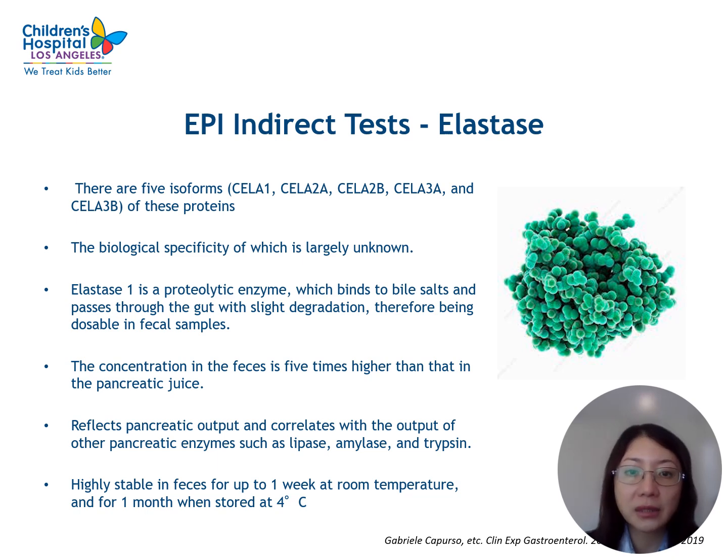And the concentration in the feces is much higher than that in the pancreatic juice, so it's measurable in fecal samples. Elastase reflects the pancreatic output and also correlates with other pancreatic enzymes like lipase, amylase, and trypsin. It's highly stable in feces for up to 1 week if stored at room temperature, and up to 1 month if stored at 4 degrees.